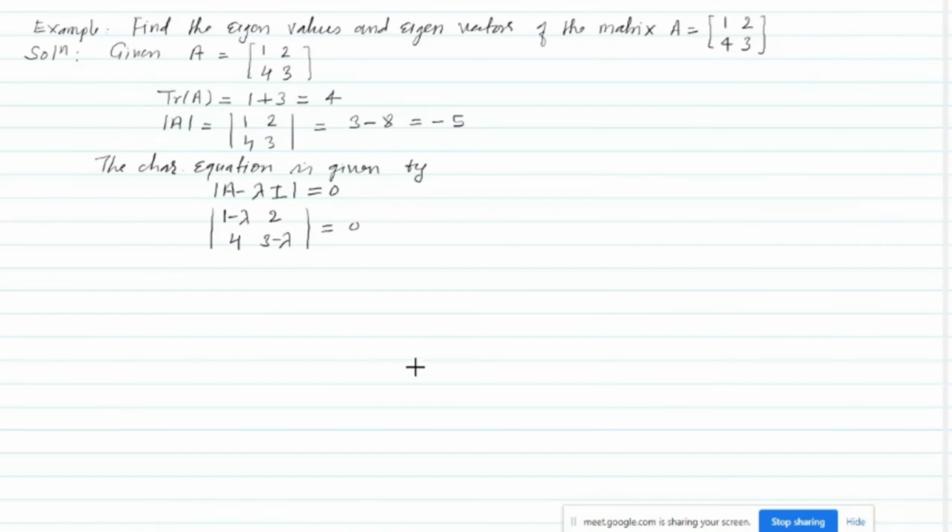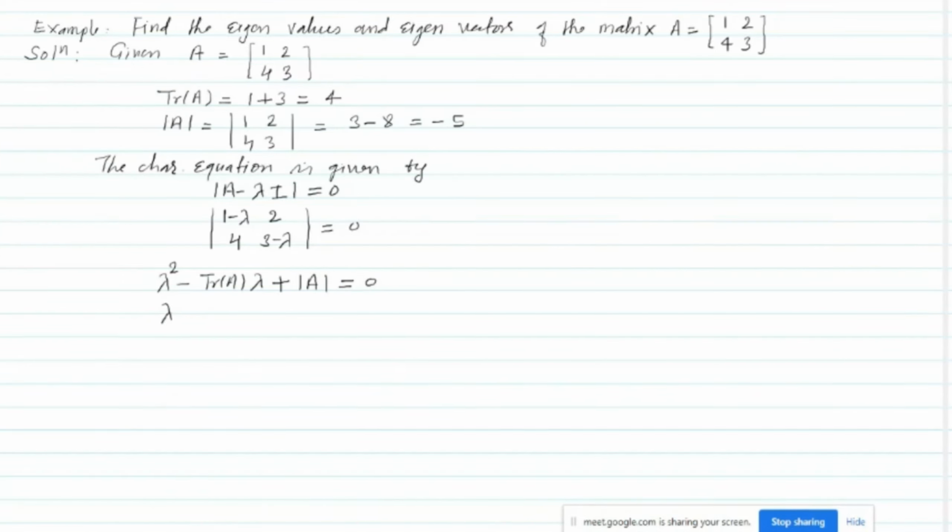Okay. Now what I have to do? Have to write down the characteristic equation. So the characteristic equation is what? The characteristic equation for a 2 cross 2 matrix is lambda square minus trace of matrix A into lambda, and plus, the signs alternate, plus, minus and plus, determinant of matrix A, and this is equal to 0.